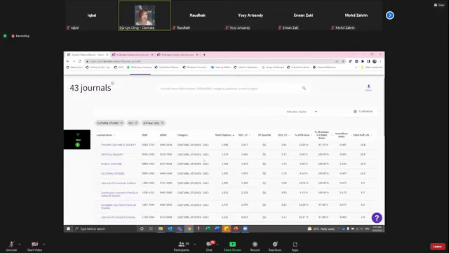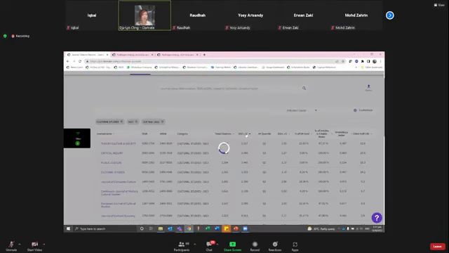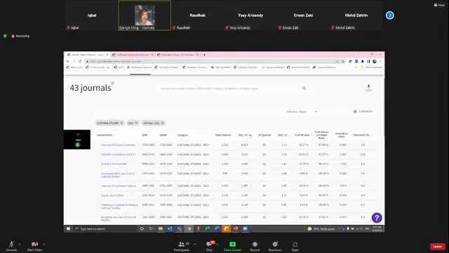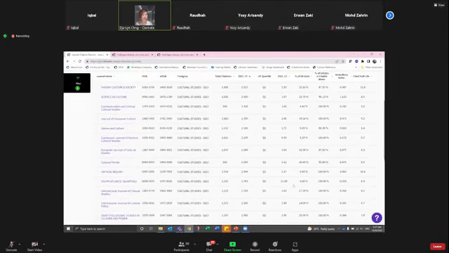Then if you want to sort this by journal impact factor, we'll just sort by that particular field. And you see, like I mentioned earlier on, most of those Q1 journals will have at least 1 or above in terms of JCI. It will usually not be 0.0 something.